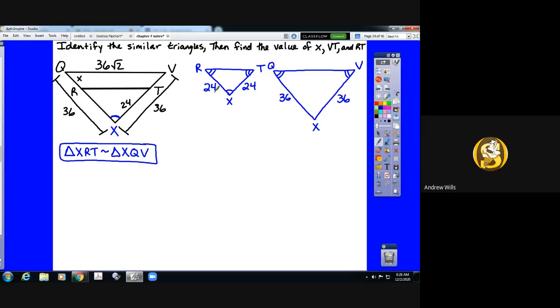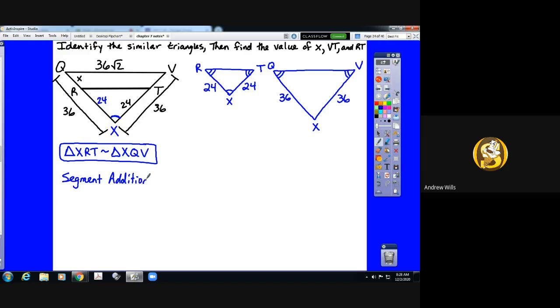Now, that means that we should be able to realize that we've got 36 here and 24 here, and the difference between those two is x. So we should be able to set up a segment addition postulate. See, sometimes this doesn't even involve similar triangles.